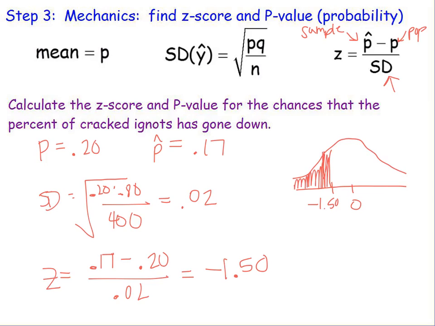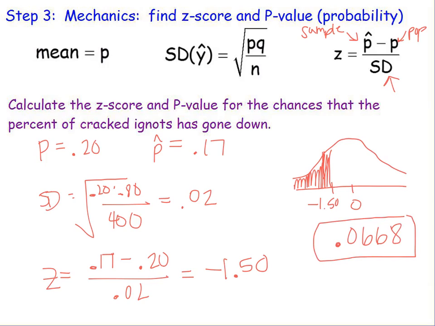So all you have to do is go to your blue sheet and look up negative 1.50. So go to the negative side, go down to negative 1.50, and I get 0.0668. So that is what I call my p-value.